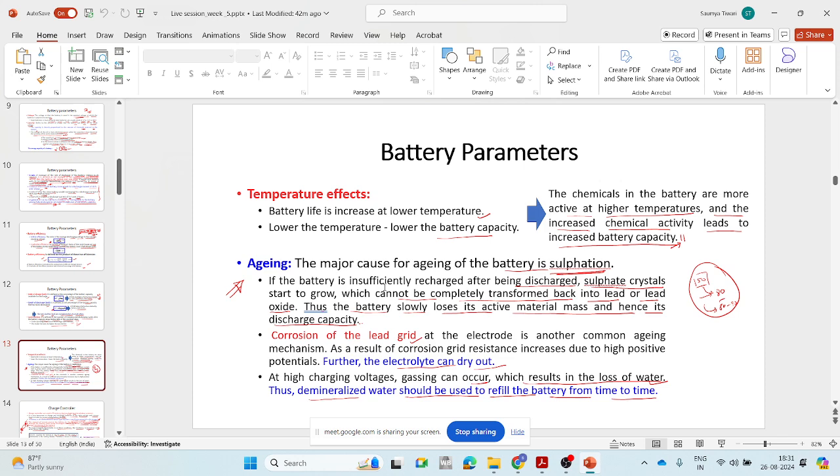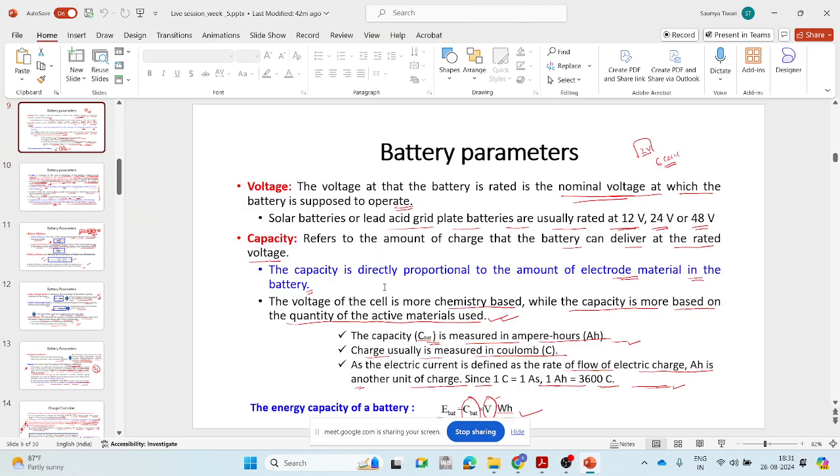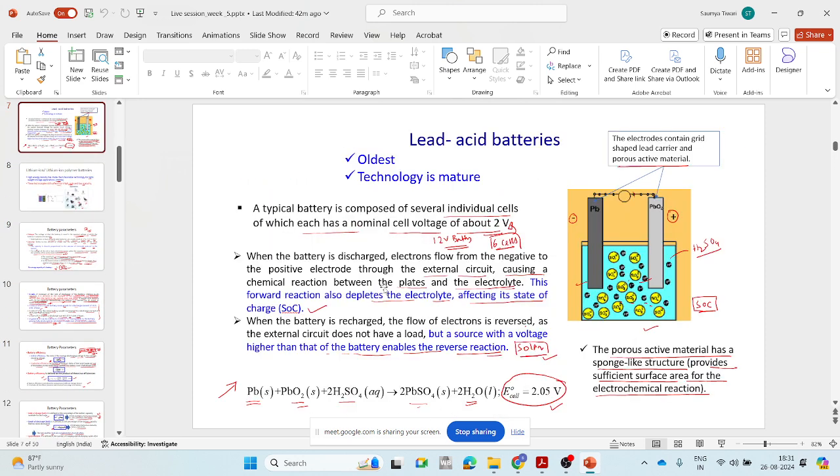Now as you use the battery, aging also occurs, right? It's basically due to sulfation. While you discharge, if the battery is not fully discharged, if you see this chemical reaction, some sulfates are formed.